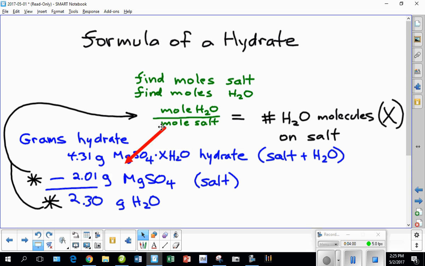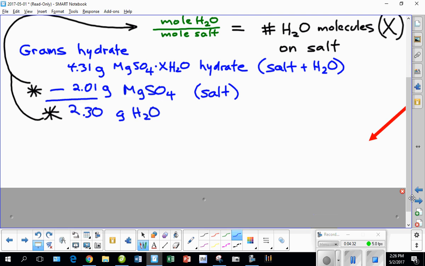And you get that by subtracting the grams of salt from the grams of the hydrate, which is the salt and the water. So once you have these 2 numbers, all you have to do is convert those from grams to moles. And the grams of water are on the top. And so that final calculation will look like this.